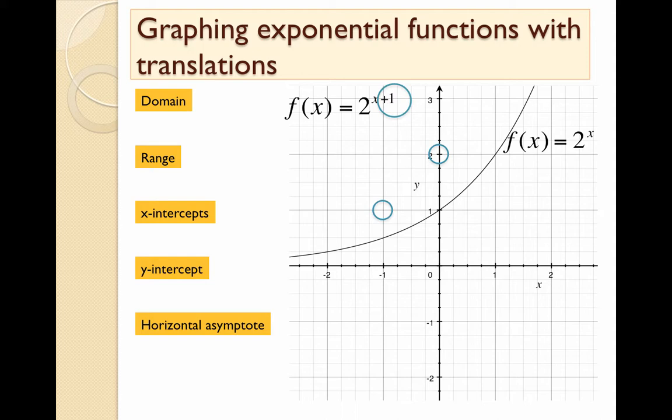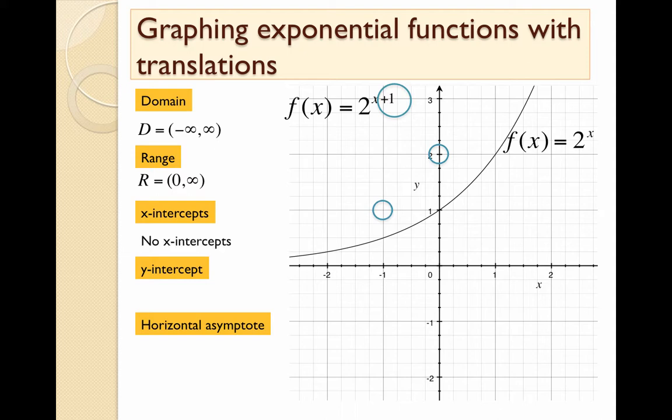Now before we go ahead and draw that new function out, let's take a look at the basic characteristics. Like its parent, its domain, negative infinity to infinity, because any x value can be used. Our range, notice we're still going to be above 0. There's no way to calculate a negative value out of 2 to the x plus 1.